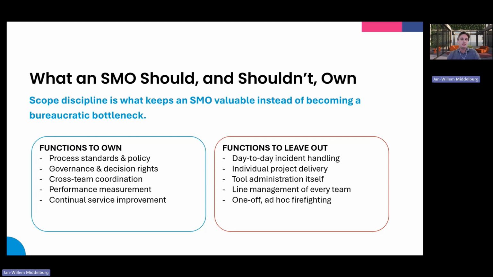So an SMO is really a quality assurance role instead of a firefighter role. And that is one of the hardest parts in establishing a good service management office, is that people need to change their behavior and the way that they collaborate with each other in order to achieve this. So think about it as a unit that does QA without being actually in the driving seat.